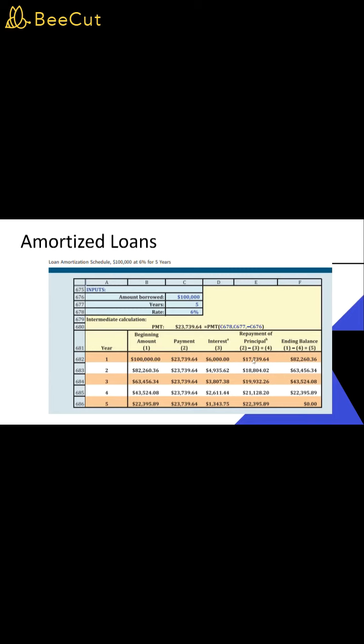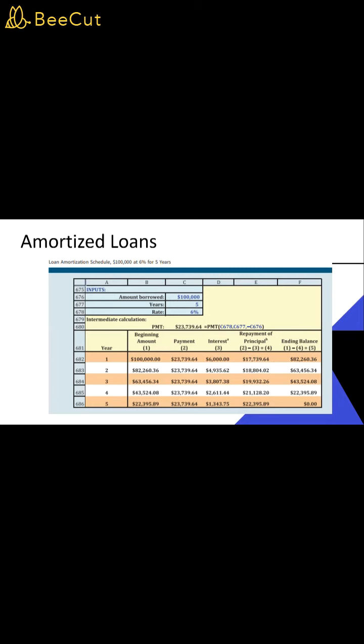Now, if we are looking at how much repayment of the principal is happening, it's going to be the constant payment amount minus the interest that you are paying. So you're effectively repaying 17,739.64 in the first year.